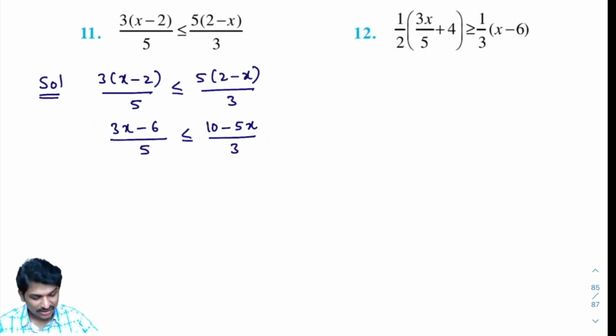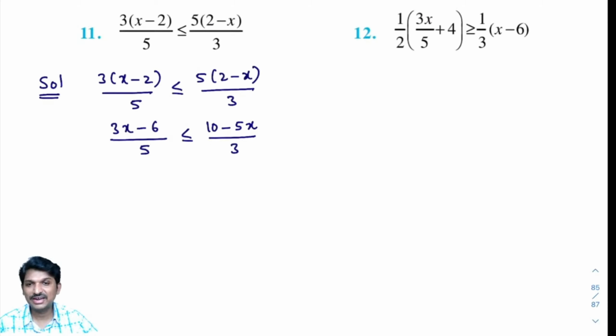Here you see this 3, 5, we can cross multiply because these two are positive real numbers. When both the numbers are positive real numbers, we can cross multiply, because for an inequality, if we multiply with a positive real number, the inequality sign remains the same.